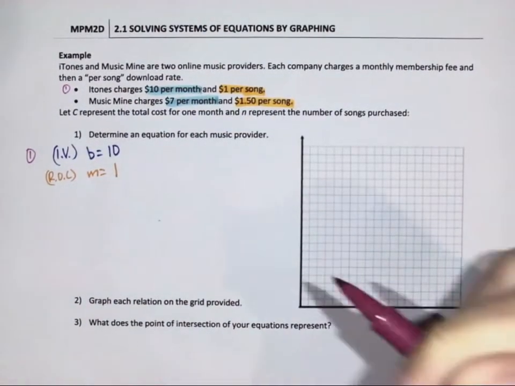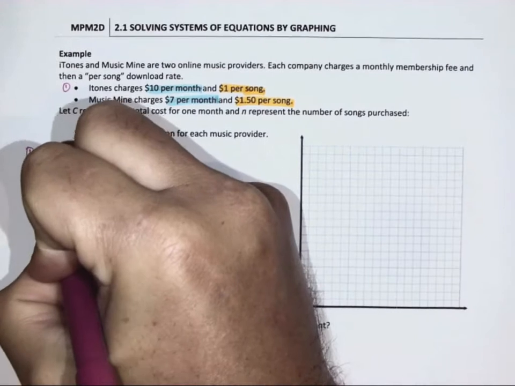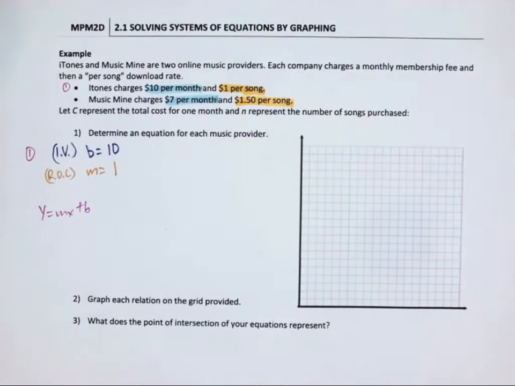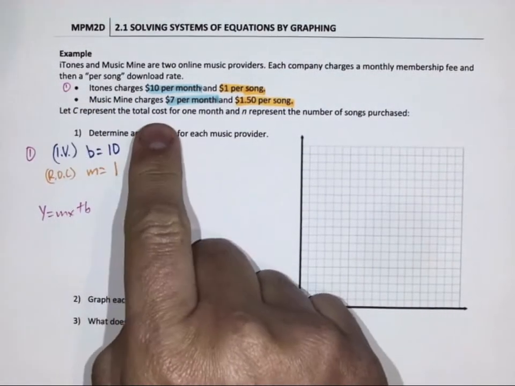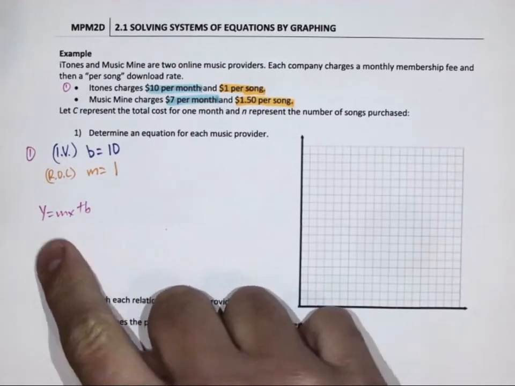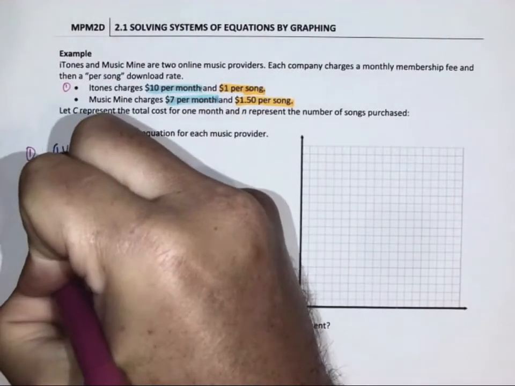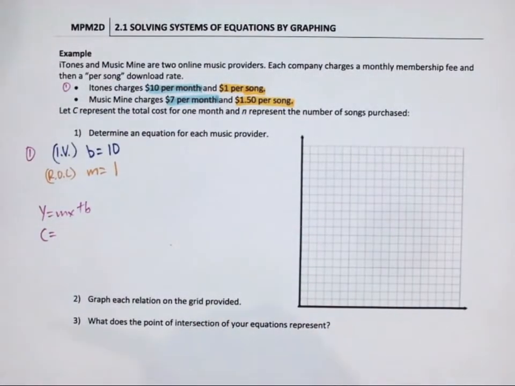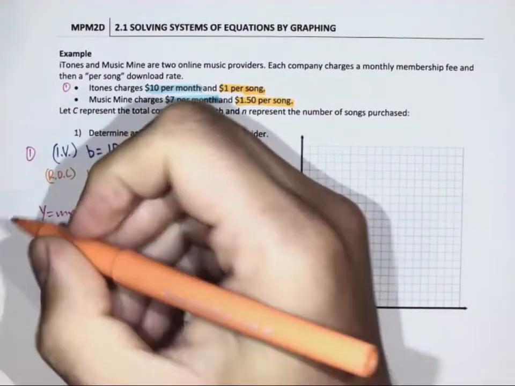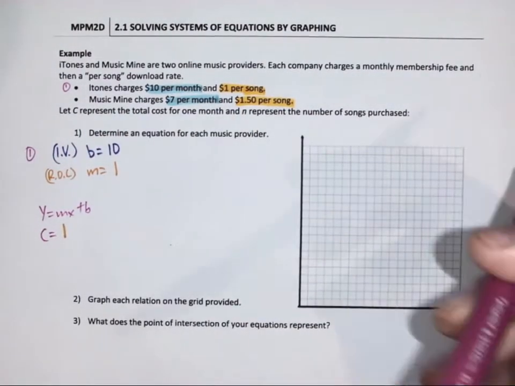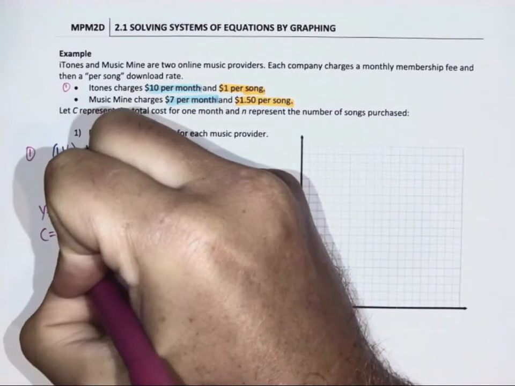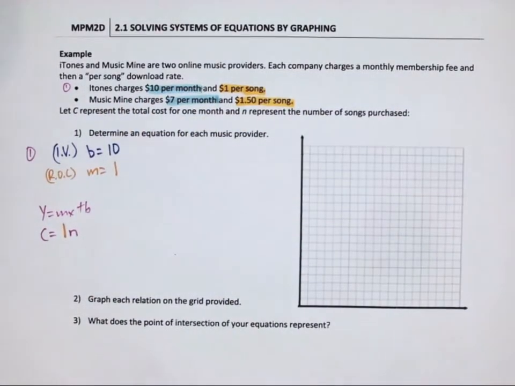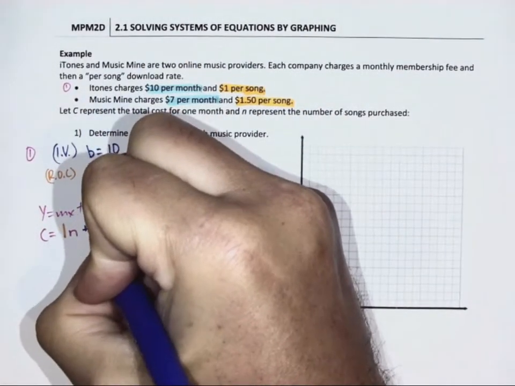So we're used to seeing, again, lines in y equals mx plus b, but it's told us certain things. C is the total cost, and we're going to have our slope, 1, and N is the number of songs, so $1 for each song we download, plus $10 for the subscription.